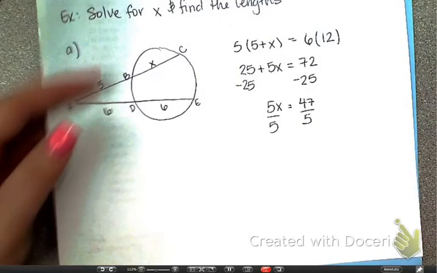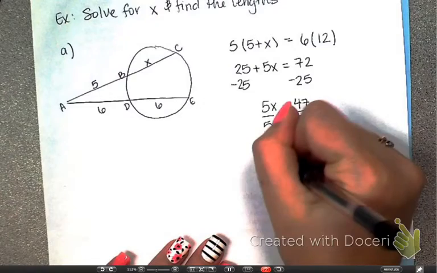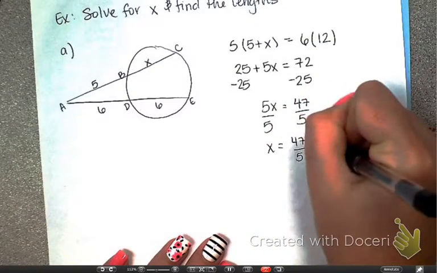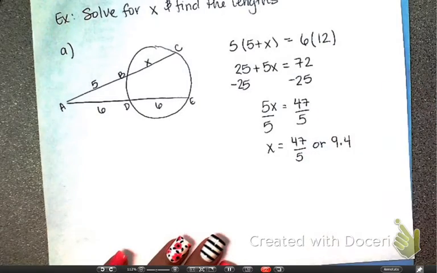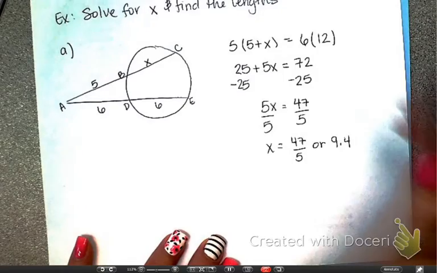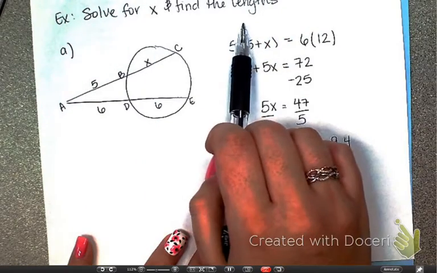So I'm getting x equals 47 fifths, or if I make it a decimal, it's going to be 9.4.